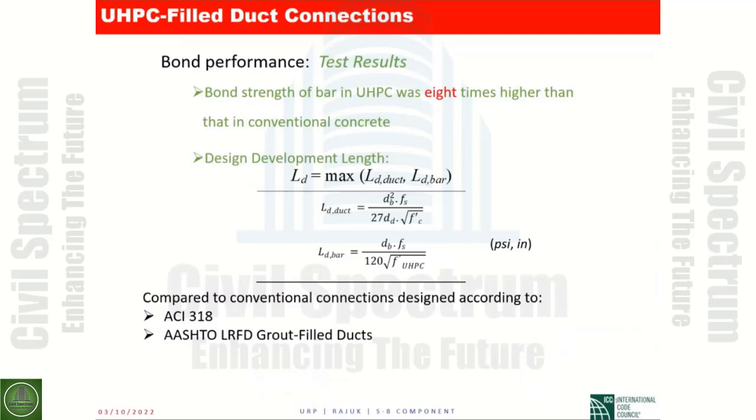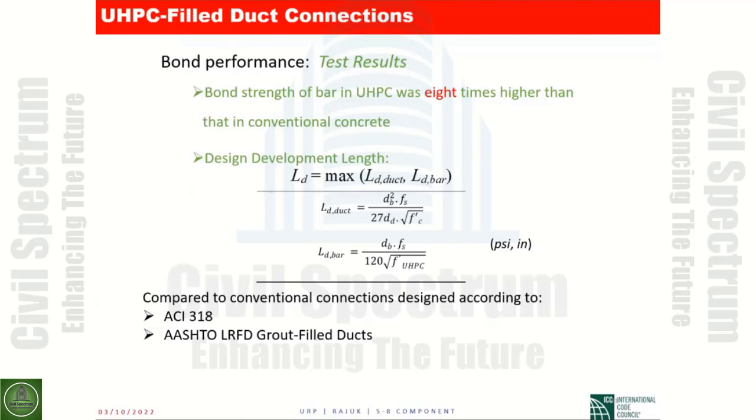So based on this, we developed two equations. One talks about the pull out of the bar from UHPC, and the other one is the entire duct pulling out. So obviously the anchorage length that we want to provide will go based on the most critical of the two.